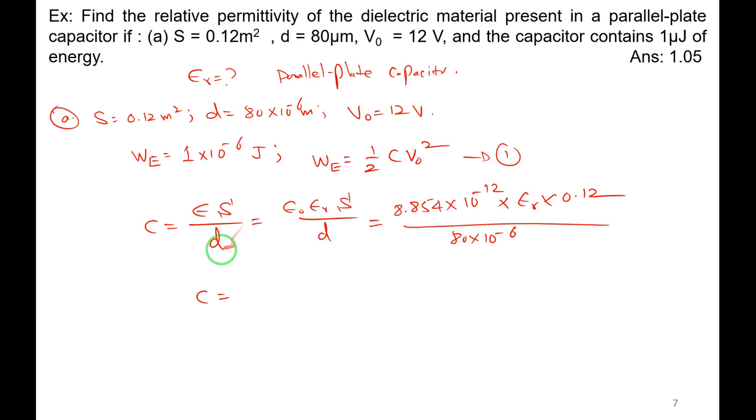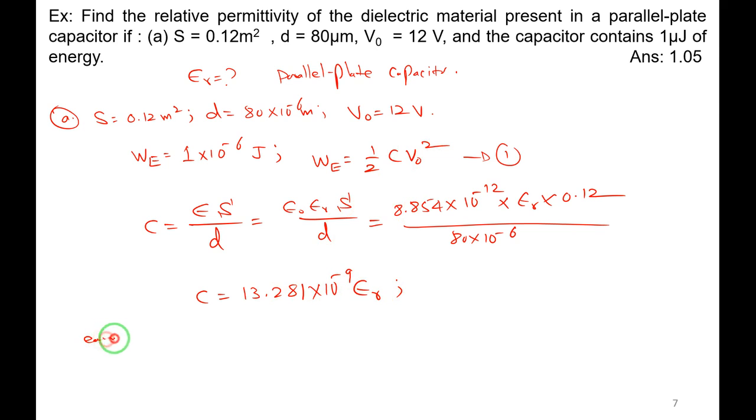So I am getting it as 13.281 into 10 power minus 9 epsilon r. We don't know epsilon r, right? We have to find it out. So epsilon r farads. Okay, we'll substitute here in equation 1.